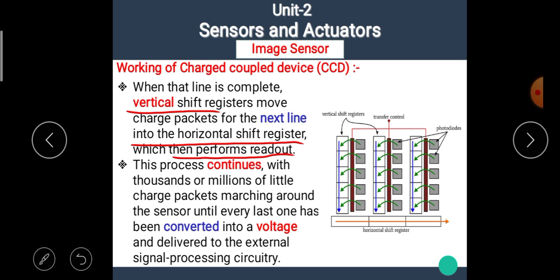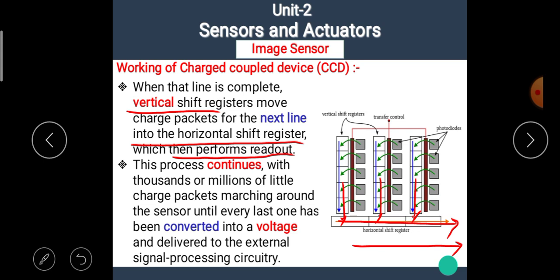That means after completion of shifting the first line data, the vertical shift register gives the next data to the horizontal shift register, and then again the horizontal shift register transfers the data of the second line.